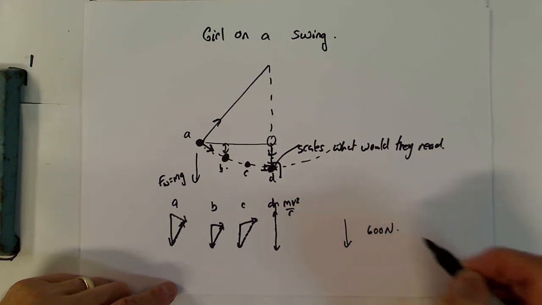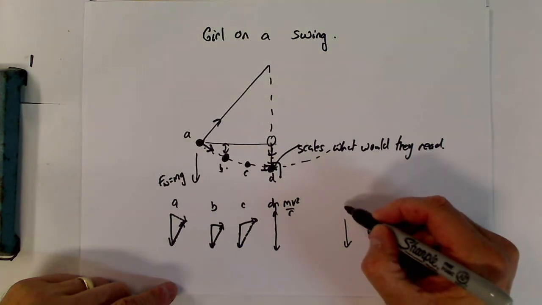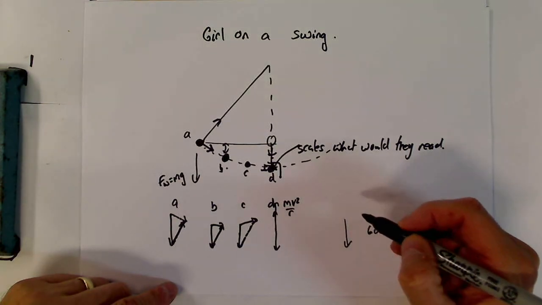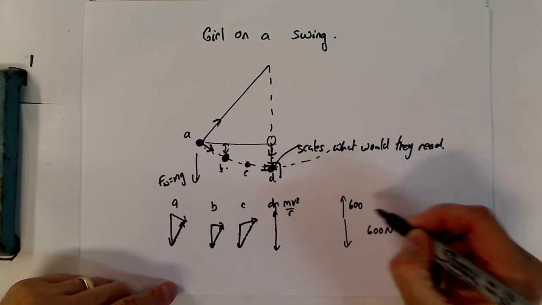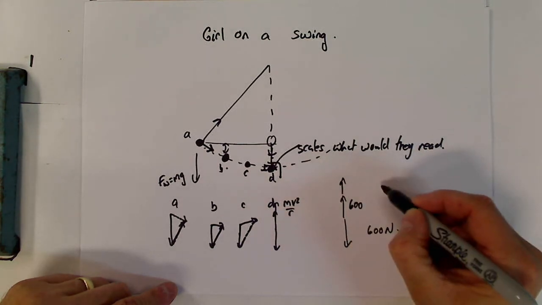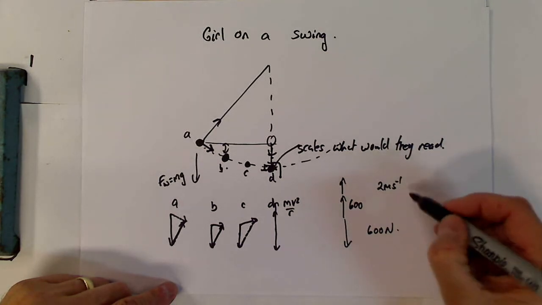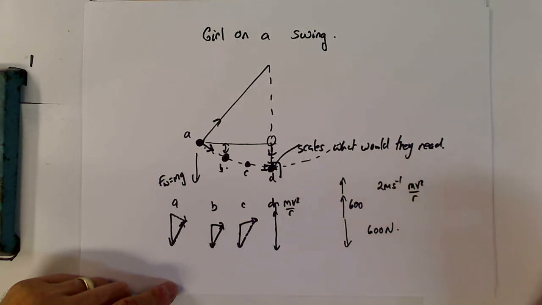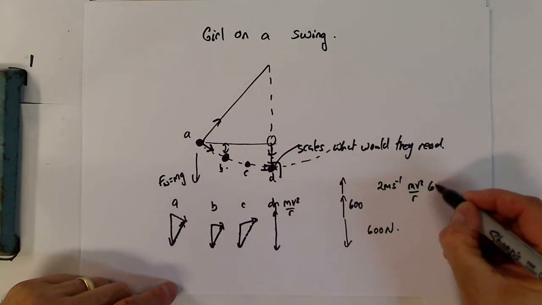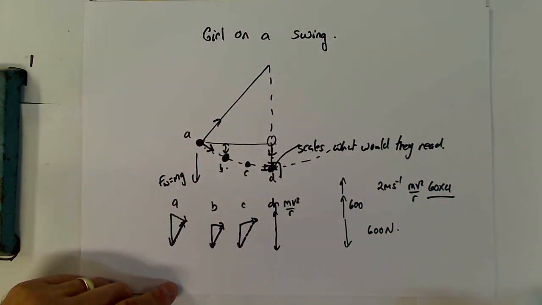600 newtons. But if she's now moving, there's an upwards force of 600 newtons, but if she's moving at say 2 meters per second, which is quite fast, then her centripetal force needs to be mv squared over r. Now her mass was 60 kgs times 4 all over the radius, whatever that is.